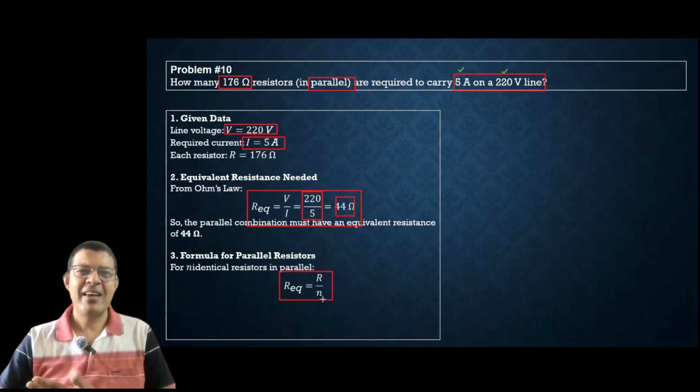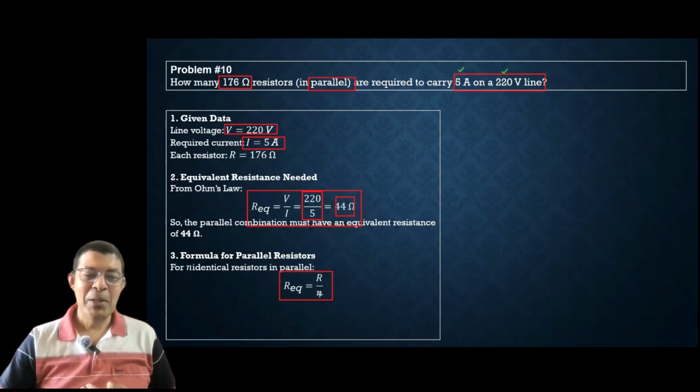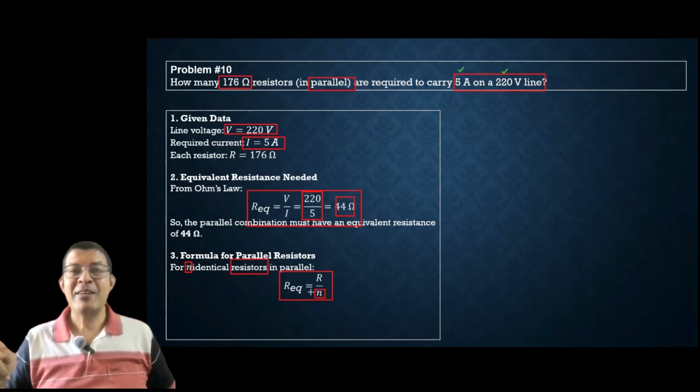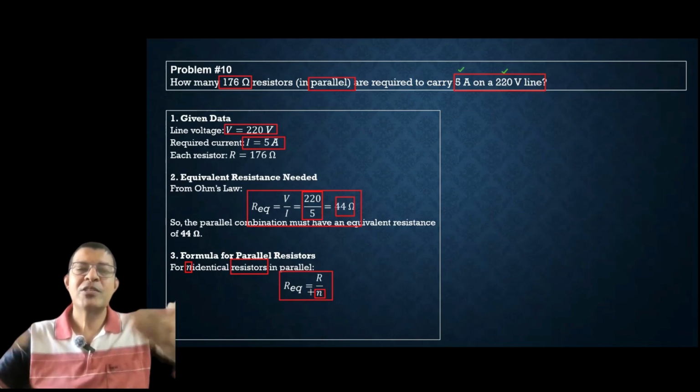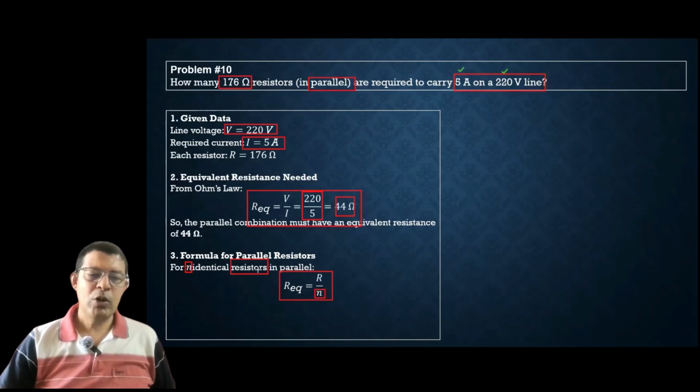N is the count of resistors. And how did you get this formula? 1 by R equivalent is equal to N times 1 by R, right? That is the formula. So when you rearrange the formula, you will get R equivalent is equal to R by N.